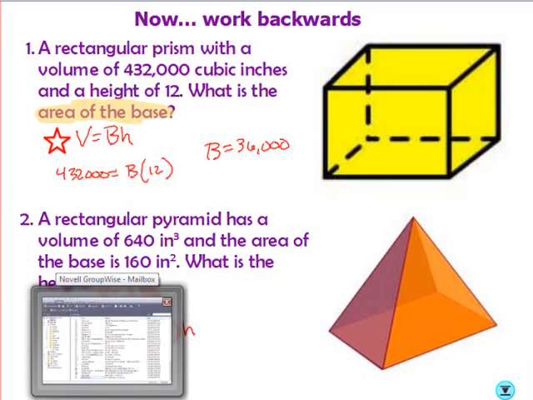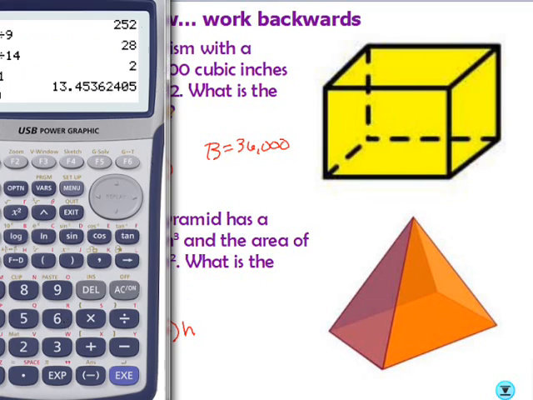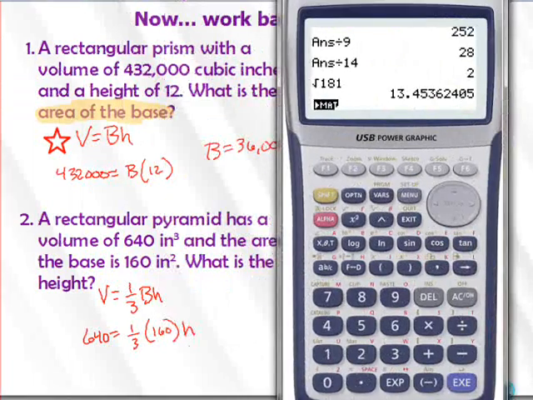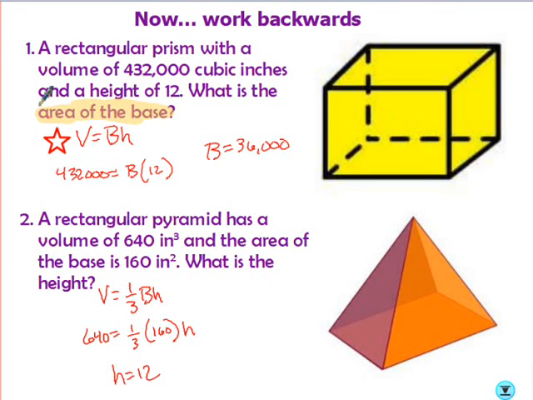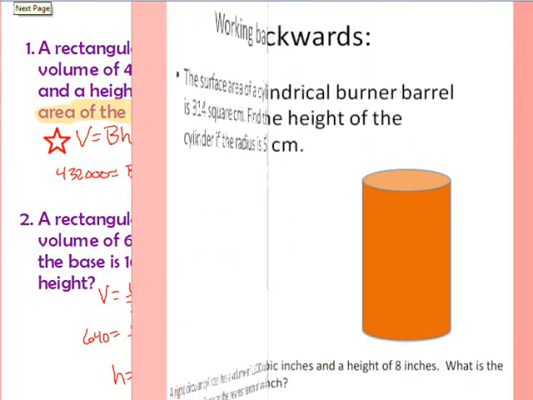The algebra that I'm going to do here, I'll actually show in my fancy calculator. I'm going to take 640 and multiply it by 3. Get 1920. That's how I get rid of this fraction right here. I've multiplied both sides by 3. And then I'm going to divide by 160. And I get 12. H is 12. Easy enough.